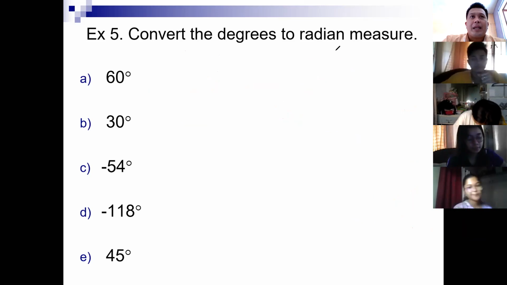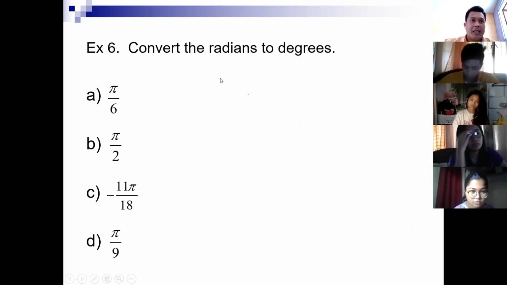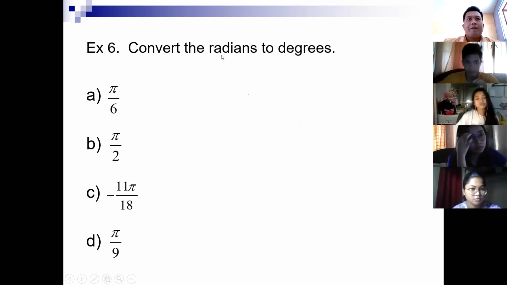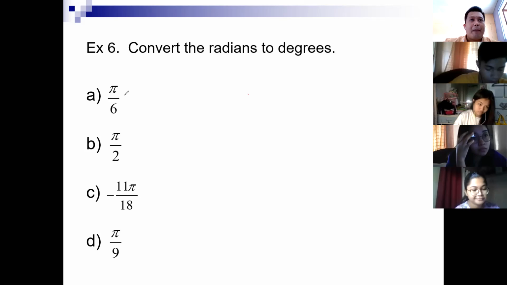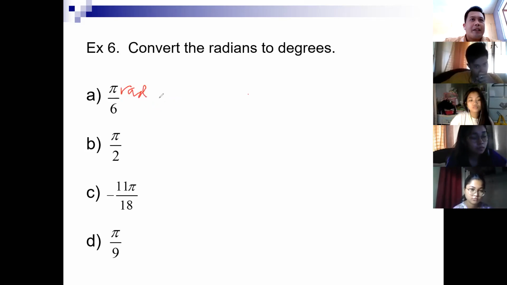If we do the other way around, finding the degree measure from a radian measure, say for example we have pi over 6, convert that to degree measure. Let's put the word radian so that we can eliminate the pi radian easily.